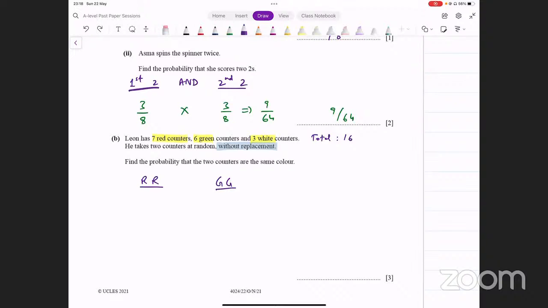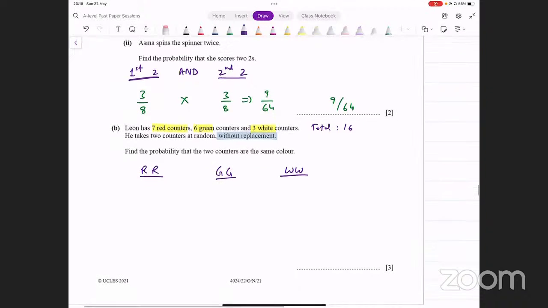अच्छा, आप directly इस तरह से सोच सकते हैं if you want. Or if you want, you can also draw a tree diagram for this. If you're more comfortable that way, वो भी कर सकते हैं. Both are okay. लेकिन 2 red counters की क्या probability है? अच्छा, first time red आए, what's the probability for that? There are 7 red counters, right? Probability of getting red the first time, that's going to be 7/16.